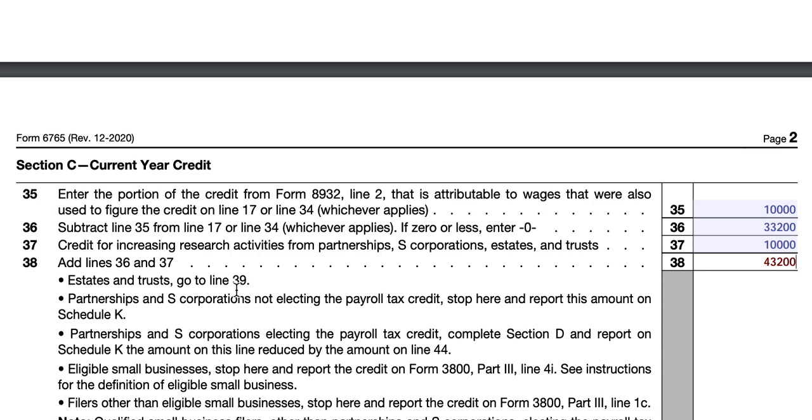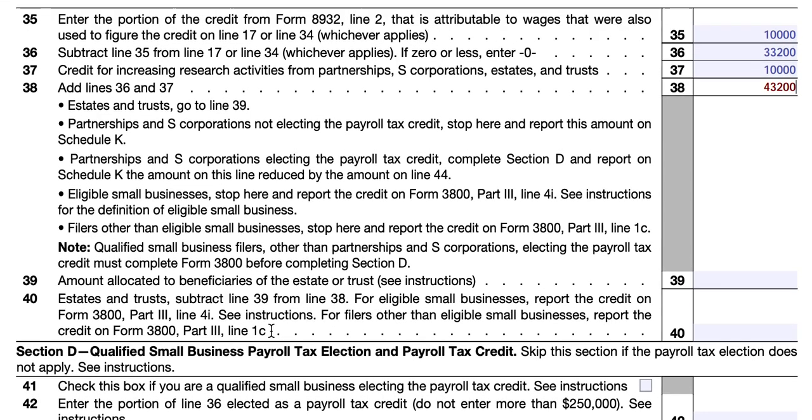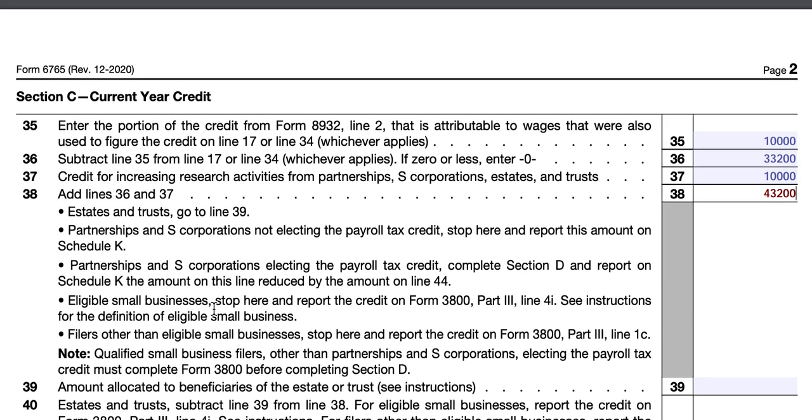Partnerships and S corporations that are not electing the payroll tax credit can stop here, put this on Schedule K. If partnerships and S corporations are electing the payroll tax credit, then we will go to Section D. Eligible small businesses can stop here and report this credit on line 4I. And then any other taxpayer will file this under line 1C.